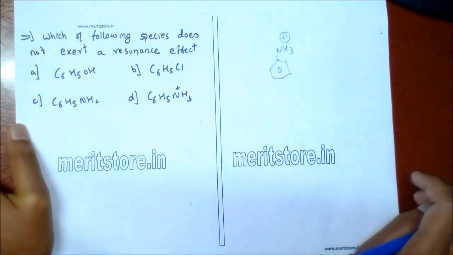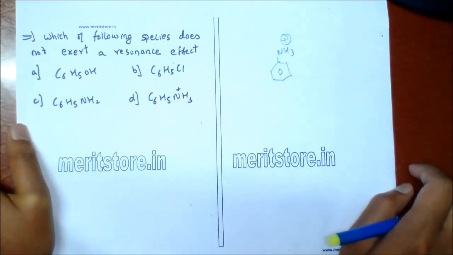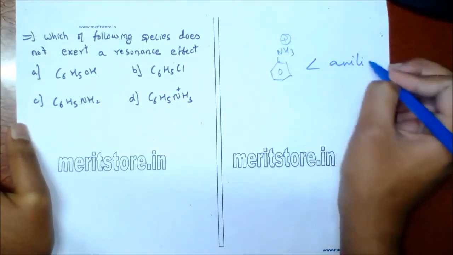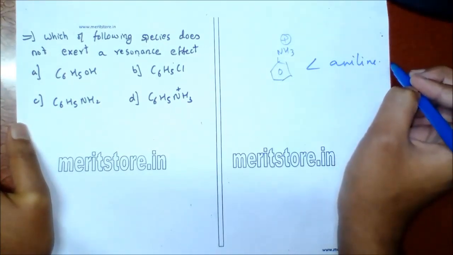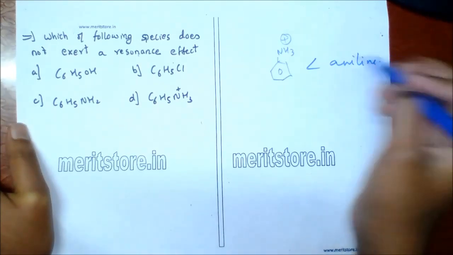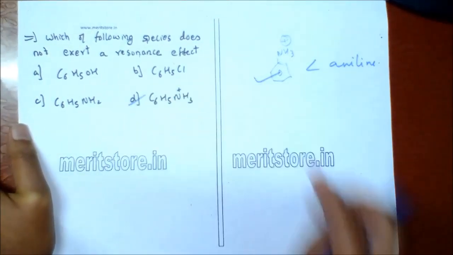Anilinium ion formed by aniline on accepting a proton is less resonance stabilized than aniline. Due to absence of lone pair in conjugation with the double bonds of benzene, it does not exert a resonance effect. So there will be no other resonating structure possible for anilinium ion. So option D is the correct answer.